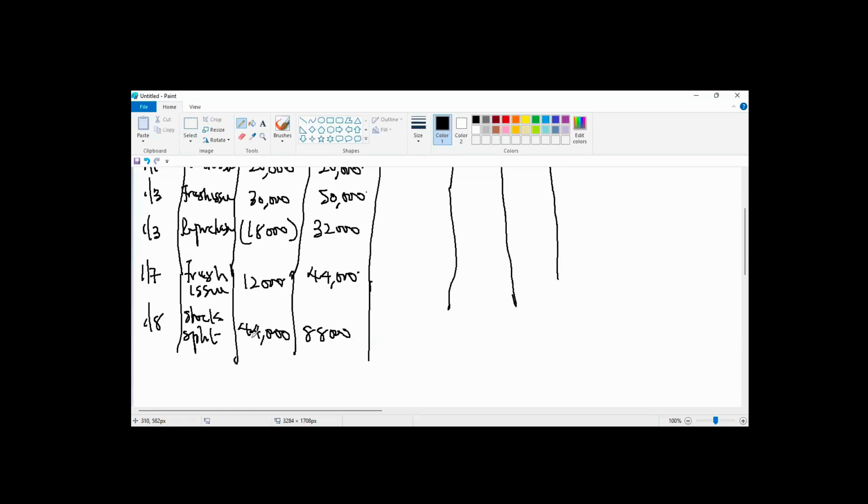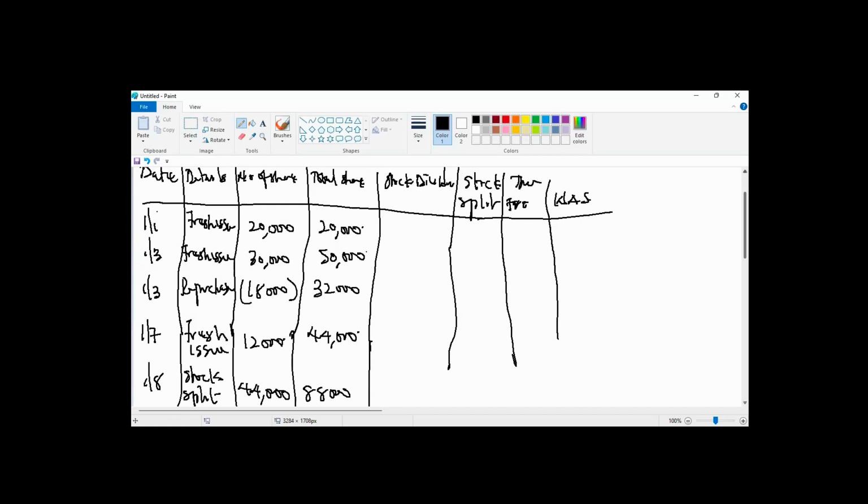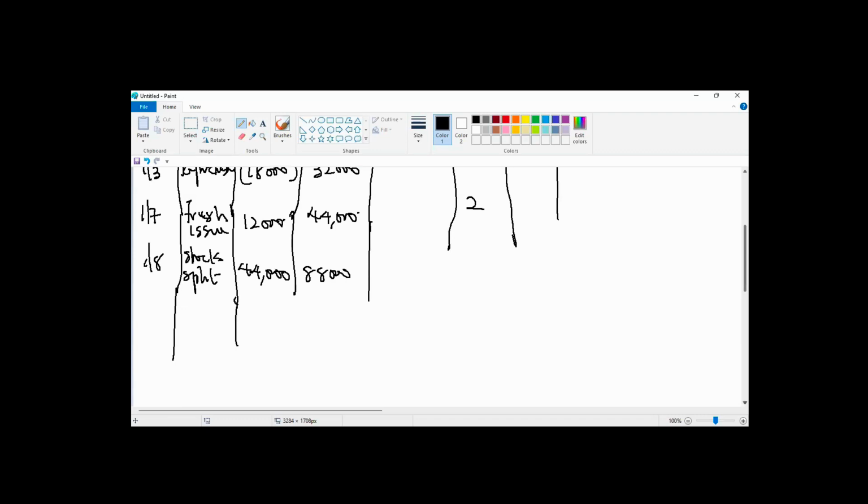Next, first November, declare stock dividend. Don't forget, stock split must be given to existing shareholders.